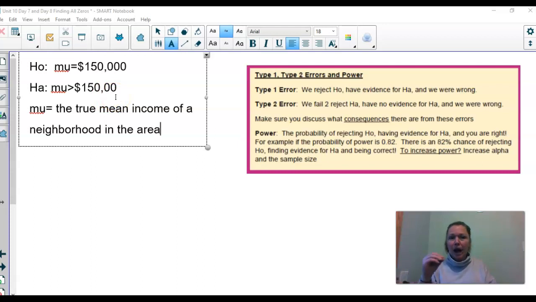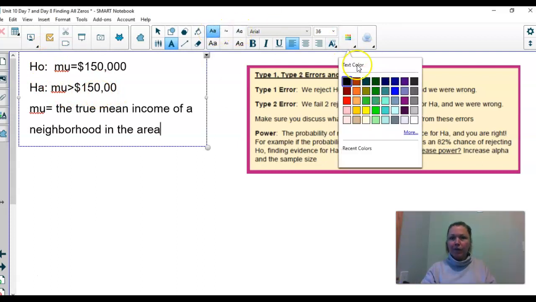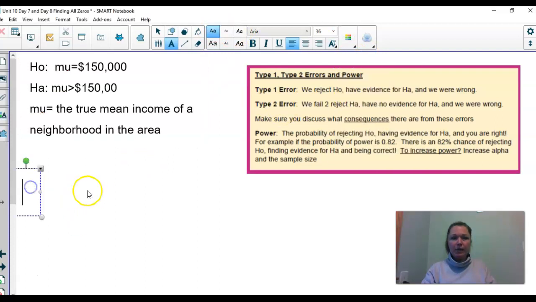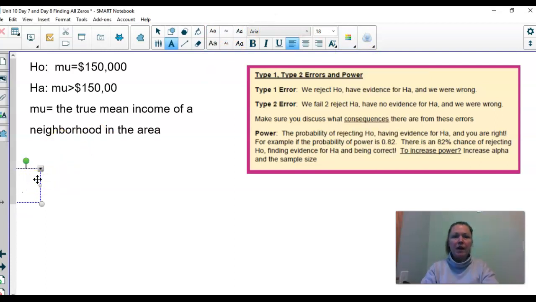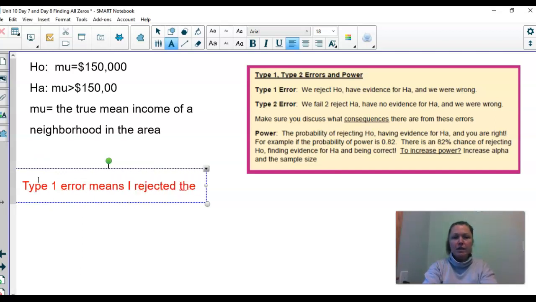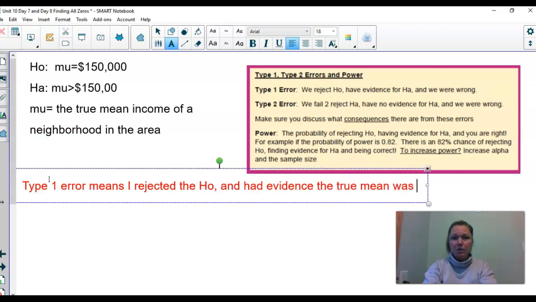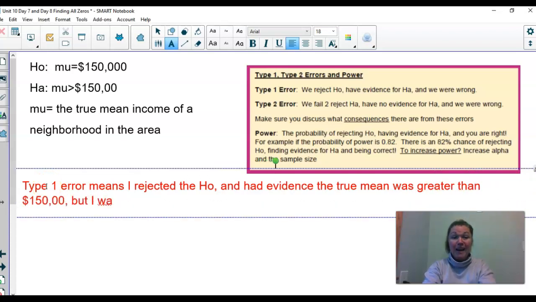Now, what's a consequence of that? I just talked about how I'm only going to open the restaurant if this is true. Well, I went through the whole process, right? I'm going to type this out for you so you can see it. I think it will help. So if I made a type 1 error, that means I rejected the null hypothesis and had evidence the true mean was greater than $150,000, but I was wrong.